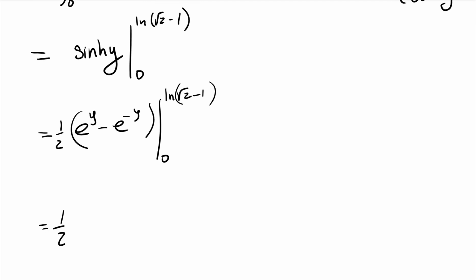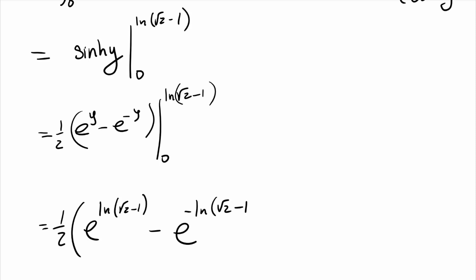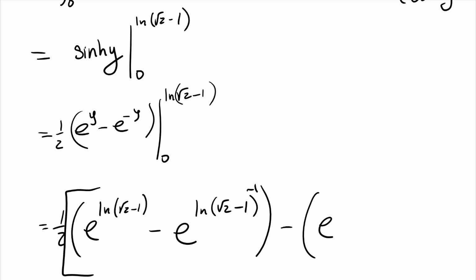So there's going to be 1/2 e to the ln of the square root of 2 minus 1, minus e to the negative ln of the square root of 2 minus 1. I'm going to cheat now. We're going to raise this to the negative first power. And then we have to subtract out our e to the 0th minus our e to the 0th. That's 1 minus 1, and that just goes away.